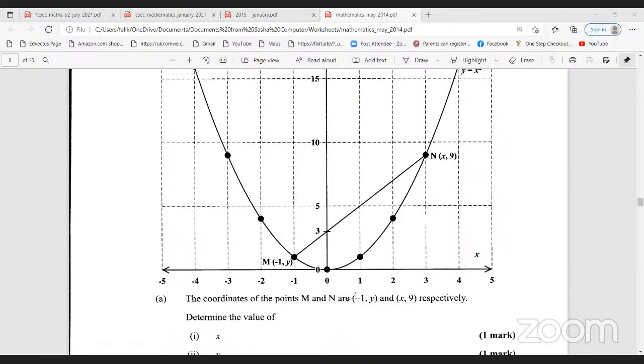Miss, would -1 be x, and the y, and the 9 would that be y? So looking at it, this is M. So remember, every coordinate has an x and a y. So that's why they put it that M is (-1, y). So what's the value of y here?